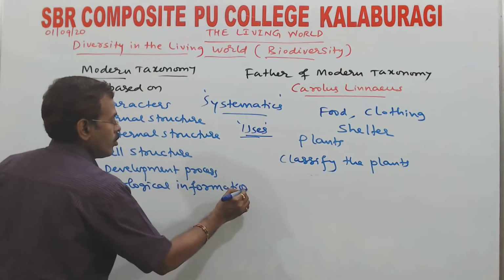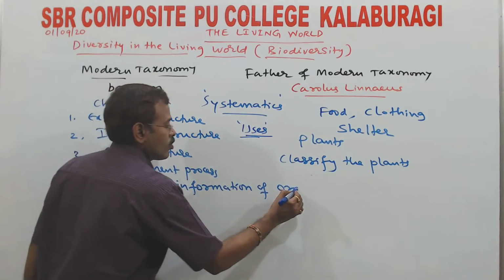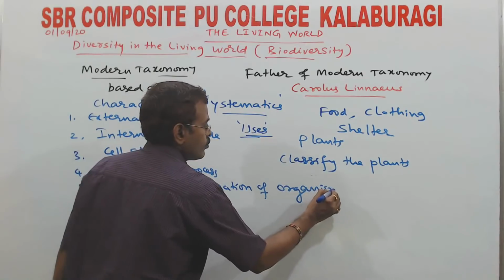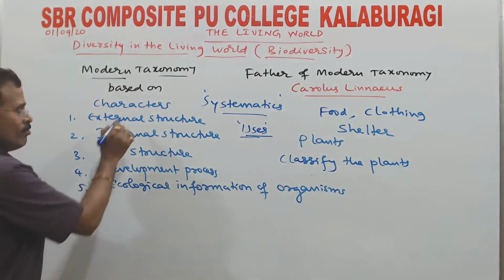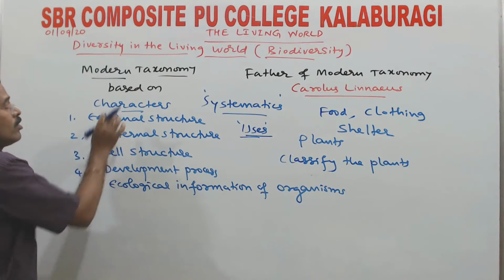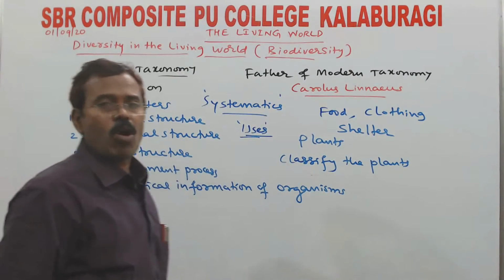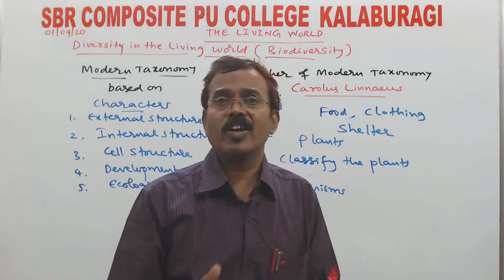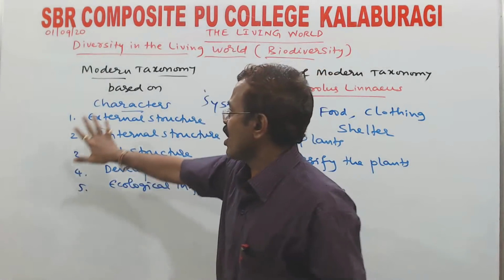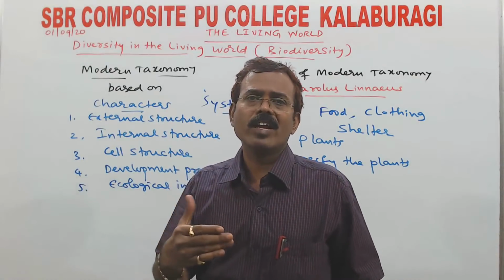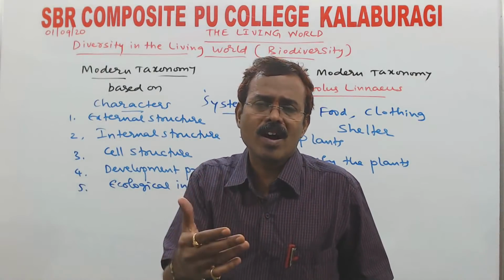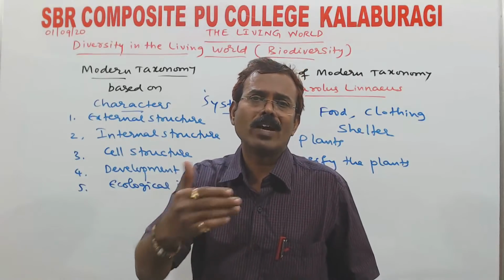These are the characters or features on which modern taxonomy is based. So modern taxonomy takes into consideration a large number of features so that we can correctly group, name and classify the plants, animals, and microorganisms.